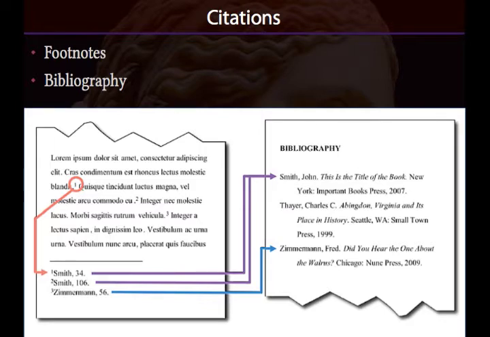Because what happens if you don't have citations for something is that the upshot is you're claiming it as your own. You're claiming it as your own assertions, your own discussions, your own information. And that is intellectual dishonesty. That is plagiarism.